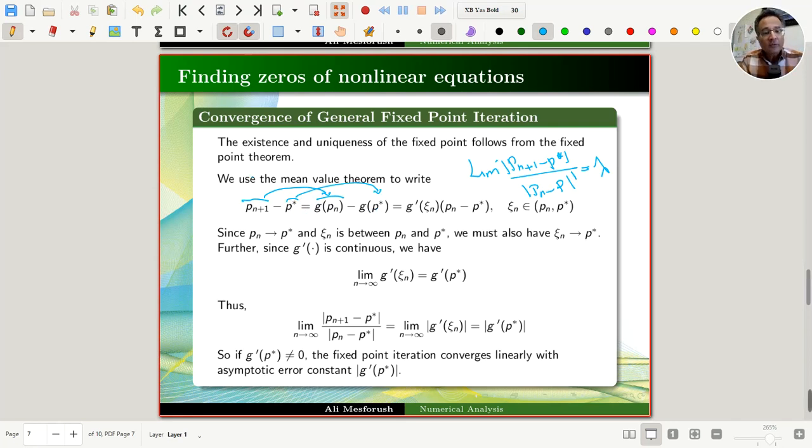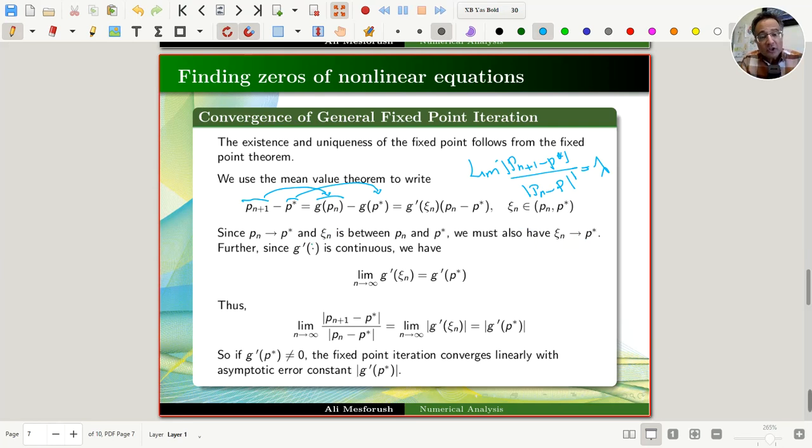In fact, P star is the fixed point of the function G. Now we use the mean value theorem, and we know that there exists a Cn in the interval between Pn and P star such that G prime of Cn is equal to the difference quotient. Now if Pn goes to P star, then Cn is between Pn and P star, and we must also have Cn goes to P star.